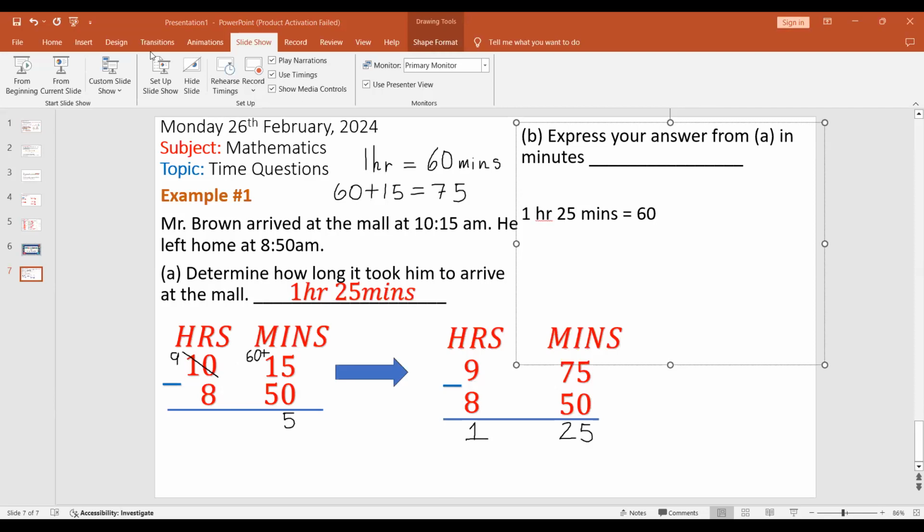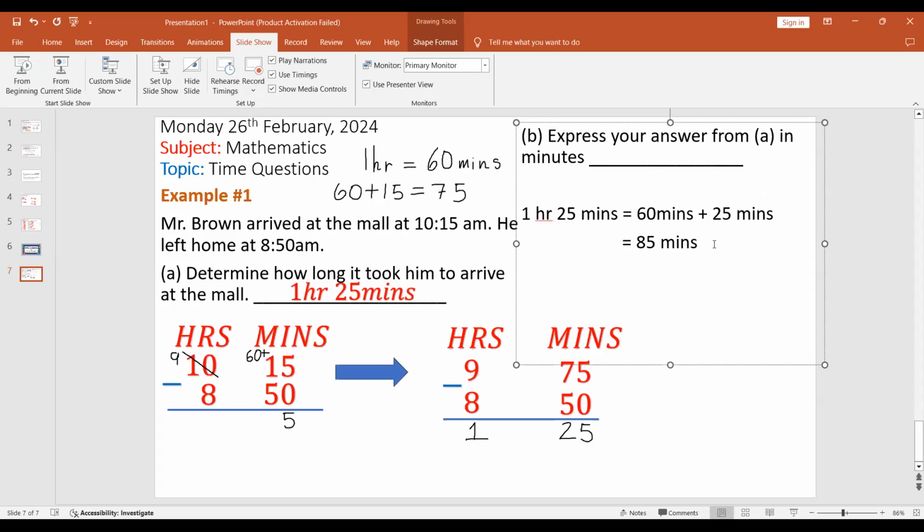That would be 85 minutes. Very good. So we're gonna say 60 minutes plus what? Plus 25 minutes. Very good. It's gonna be equal to 85 minutes. And so that's how we know how many minutes we have.